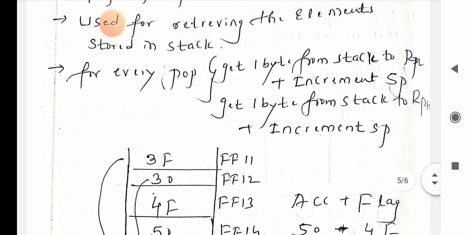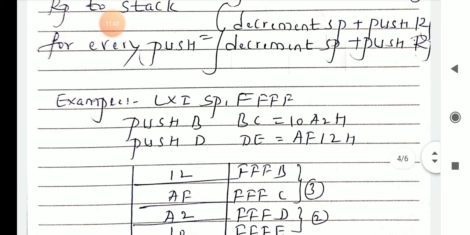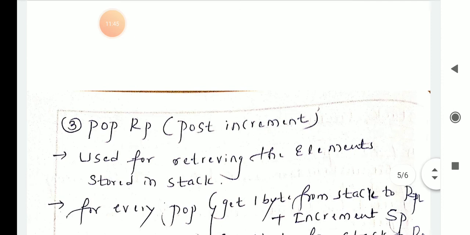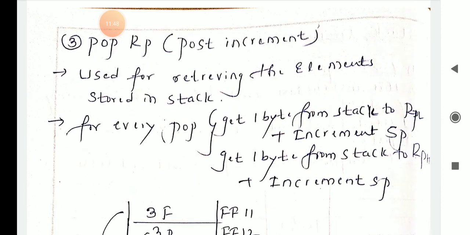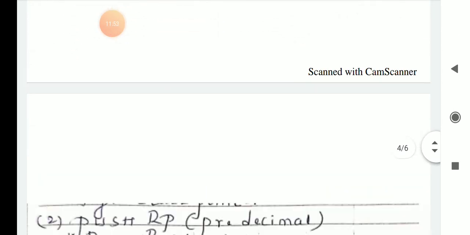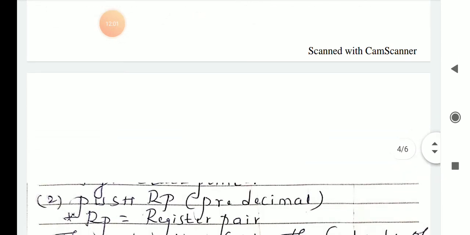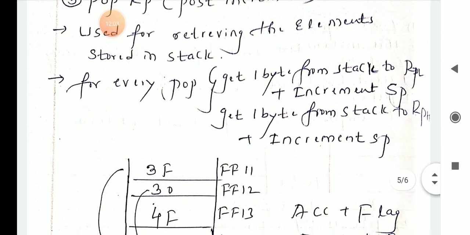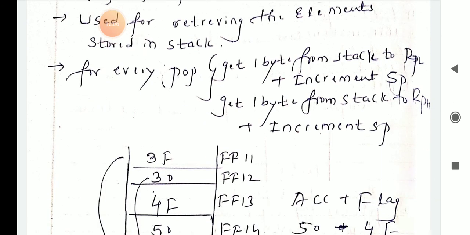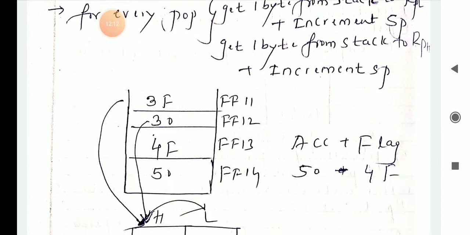Okay, so in PUSH you perform first decrement of the stack pointer plus push RH and RL, and here you use get 1 byte from the stack to RPL plus increment of the stack pointer, and next again get 1 byte from the stack to RPH plus increment of the stack pointer. So consider one example, by using this example you can take one stack pointer.